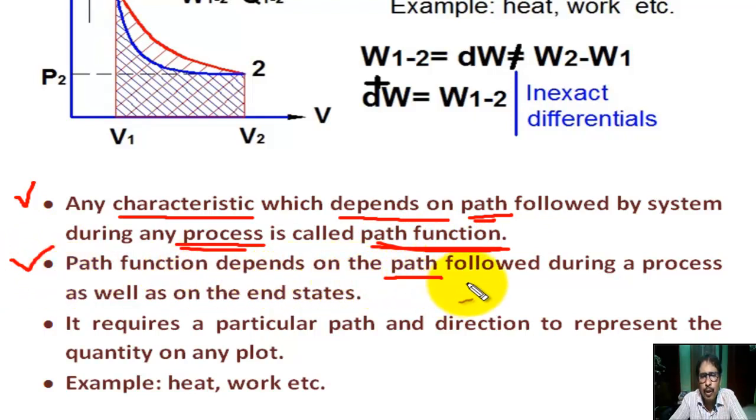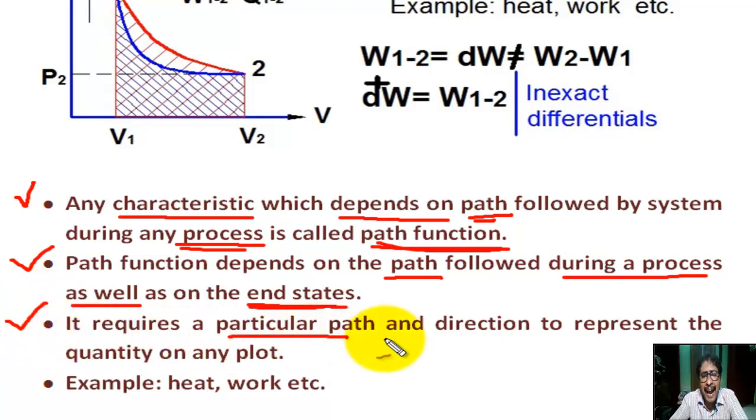Path function depends on the path followed during a process as well as on the end state. It requires a particular path and direction to represent the quantity on any plot.